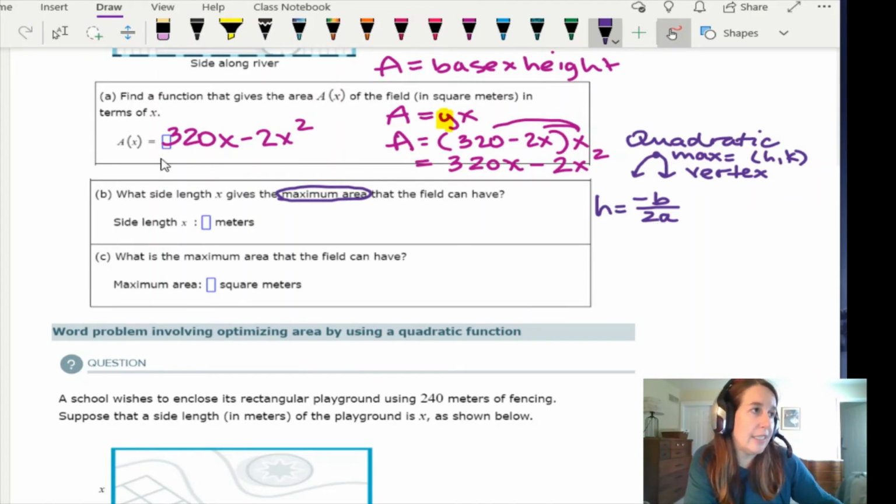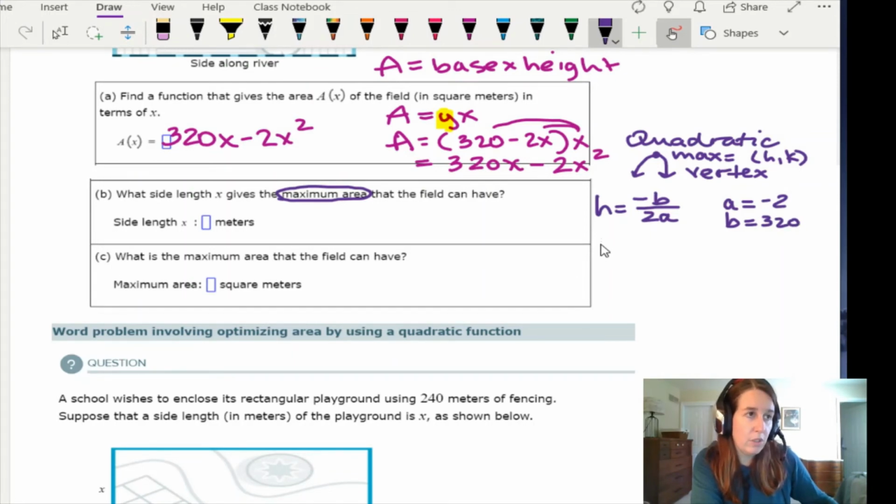So in this case, with this function, just be really careful because the b value is the 320. So I'm just going to write down the a value and the b value first because they are switched. So the a value is the negative 2. It's whatever goes with the x squared term. And the b value is the positive 320.